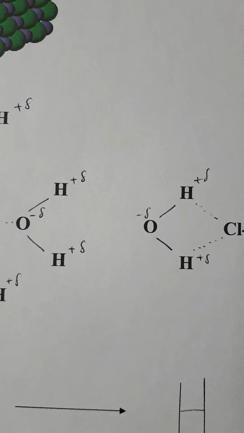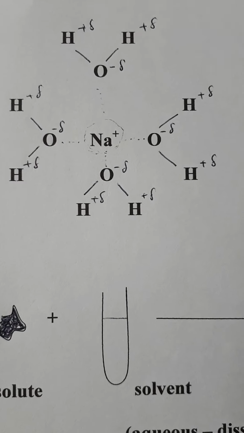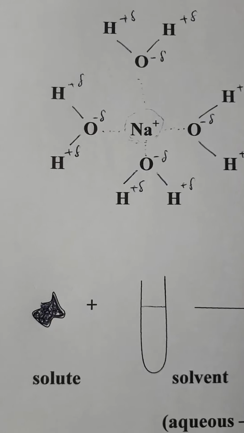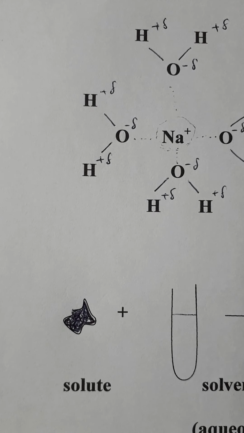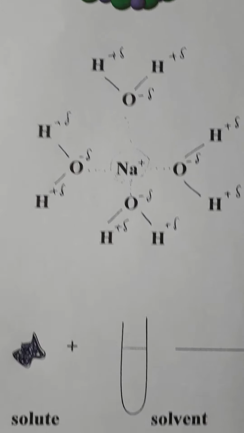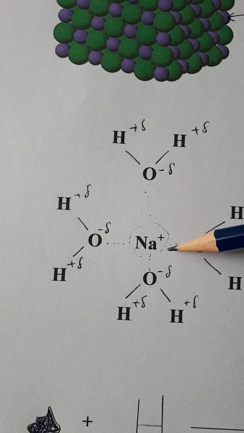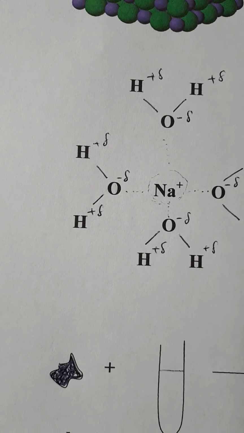So when you dissolve your sodium chloride in water, the solid sodium chloride lattice will be broken and it will be dissolved in water. After this solvation, the sodium ions and the chloride ions can freely move around in water. They can nicely swim around in the water.